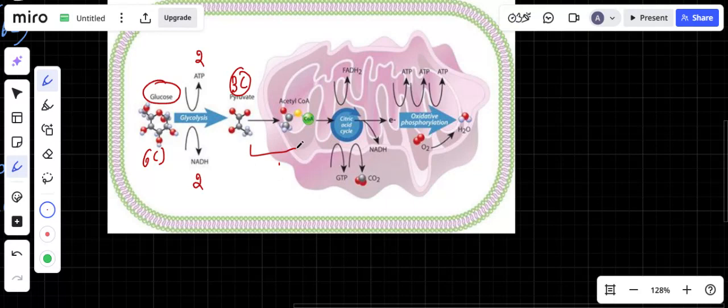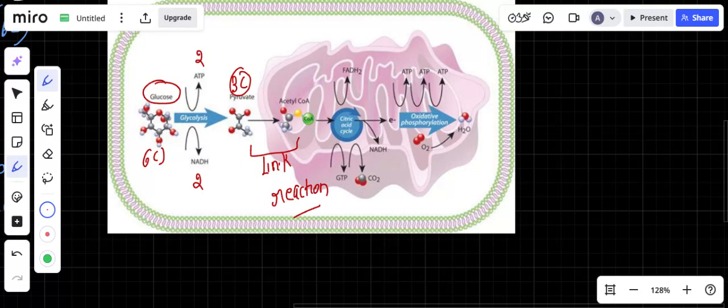Apart from this, somewhere here we will have a link reaction, which we are not going to discuss in today's video. Today we discussed the introduction to cellular respiration and just the first step, glycolysis. We saw how one molecule of glucose breaks into 2 molecules of pyruvate, giving us a net gain of 2 ATP and 2 NADH.